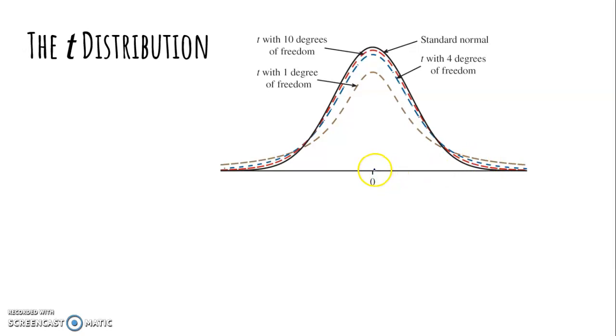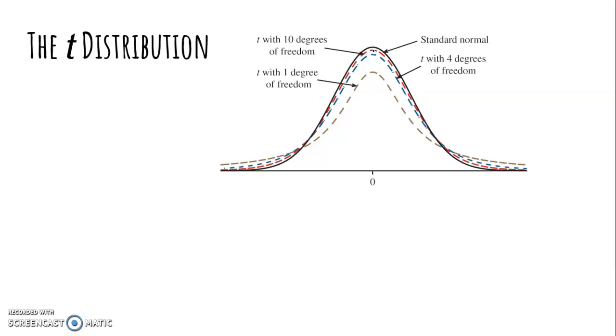But let's look at what happens to the peak and the tails as our degrees of freedom increases. When we increase to a degrees of freedom of 4, our peak has gotten higher. It's gotten closer to the standard normal curve, and look what happens to our tails. Our tails are getting thinner. You see that? It's going lower on each side. When we increase our degrees of freedom up to 10, it's even taller.